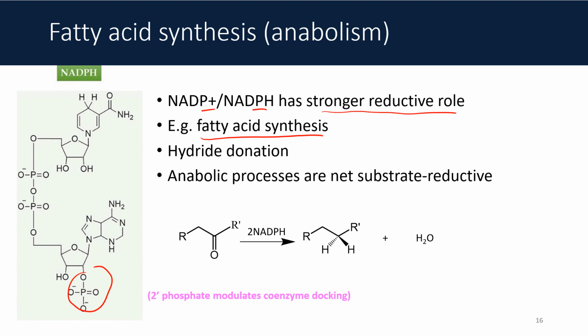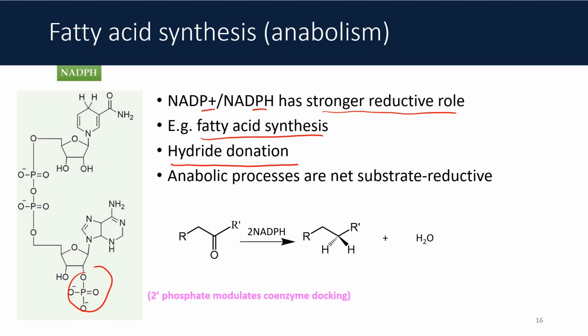But this is a subtle point, all right? The NADPH is going to serve primarily to donate hydrides to less complex molecules and facilitate their building up into more complex ones.